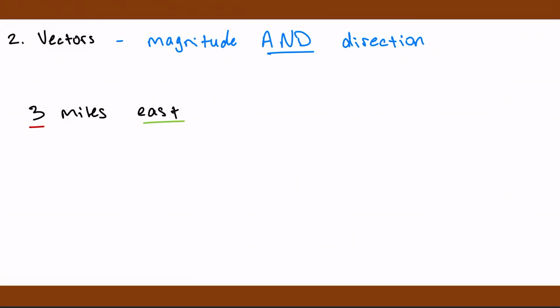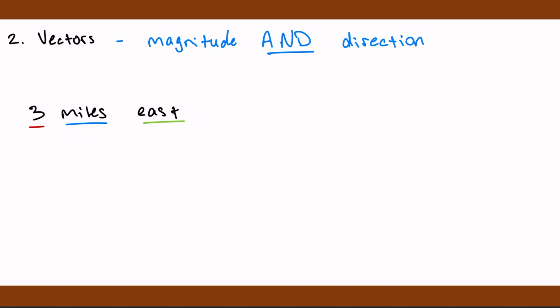And again, we always have units. Miles are the units. We could say 3 inches east. It has 3 as the magnitude, east again as the direction, but now it's different units. So in general, scalars and vectors both have units, especially in physics, chemistry, things like that. But something always has a number, a magnitude, but vectors are special because they have direction.